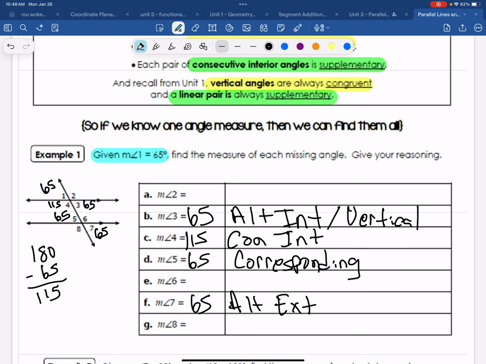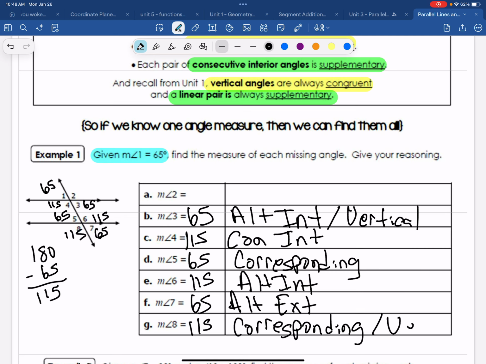Well, I know 4 and 6 are congruent because they are alternate interior. And I know that 4 and 8 are congruent because they're corresponding. And I also know that 6 and 8 are congruent because they are vertical.